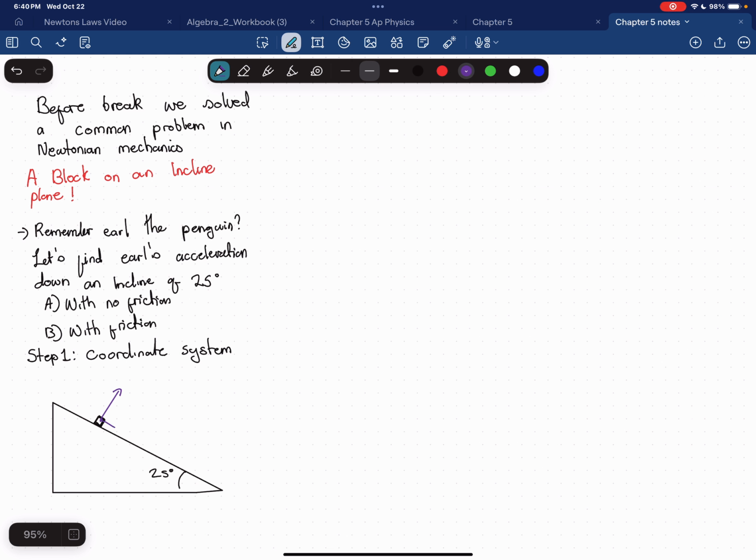In this case, I'm rotating my axis 25 degrees. My positive y will be perpendicular to the surface, and my positive x will be the direction of motion Earl is going in. So now I have my coordinate system. Step 2 is a free body diagram.